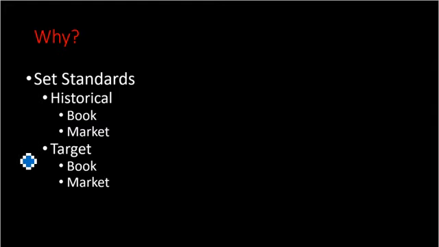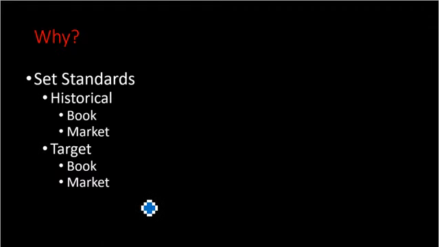You also have your target book standards. This is what you want to happen in your company. And you have your target market standards, where the information will be coming from the market. This is what we call your benchmarking, when your standard is based on what you'd like to happen, based on what is happening in the market.